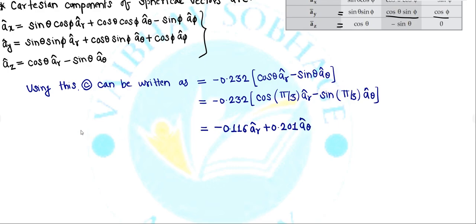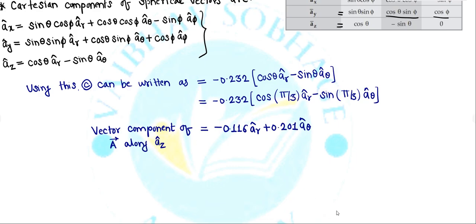That is your vector component of the given vector A along the Z direction.